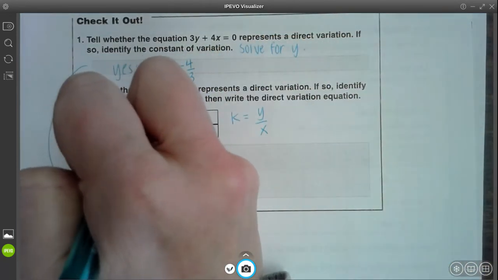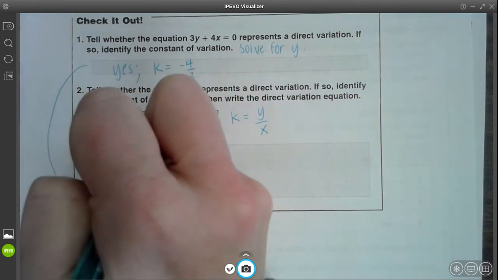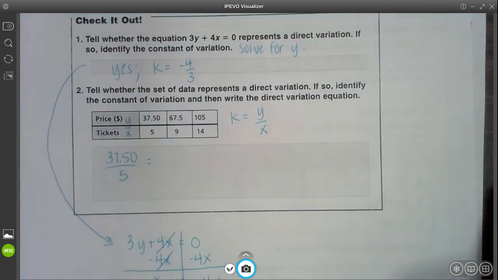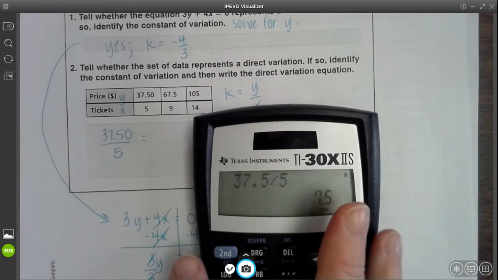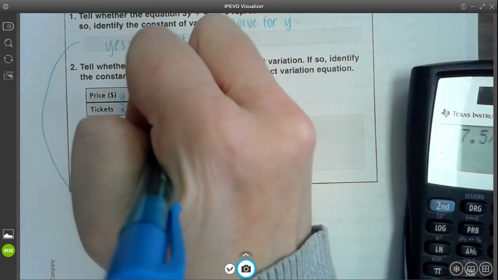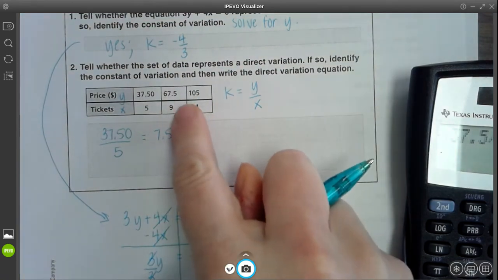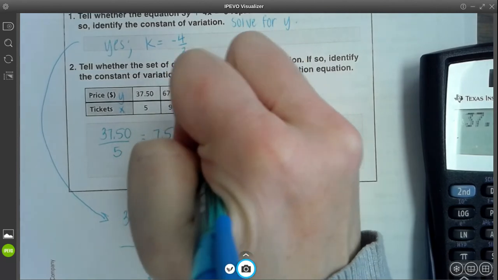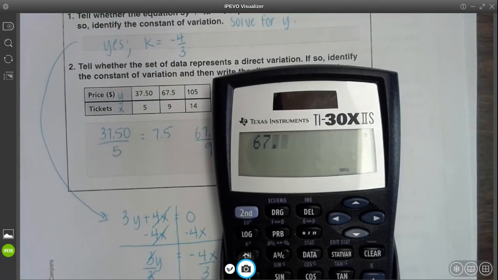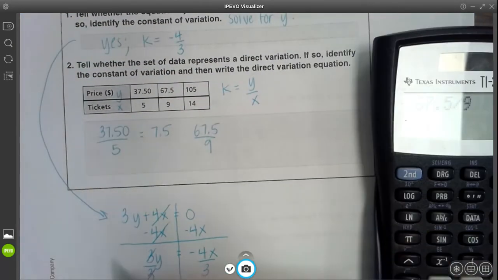So the first one we're going to try is 37.50 divided by 5. And that's 7.5. Okay, and now we're going to go to the next y over x, 67.5 over 9, which is 7.5.